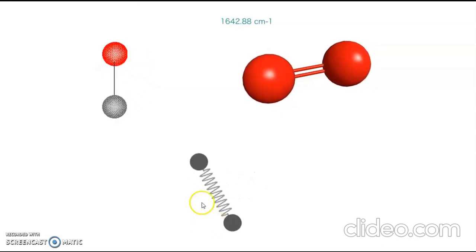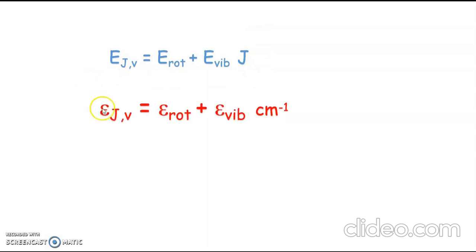From the Born-Oppenheimer approximation, if we exclude the electronic energy, the total energy will be rotational energy plus vibrational energy. The combined rotational vibrational energy in joules will be like this, and in centimeter inverse I am changing E to epsilon in the same expression.